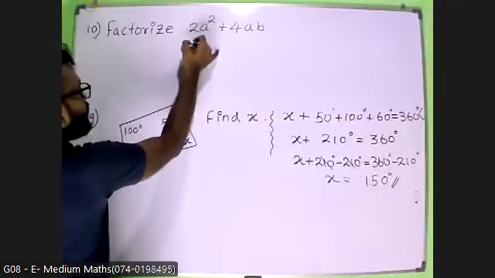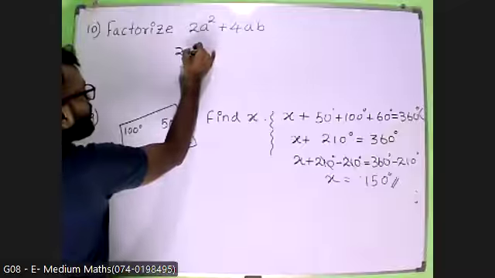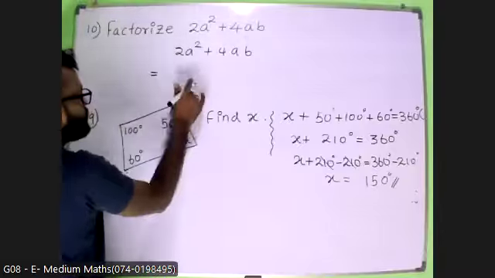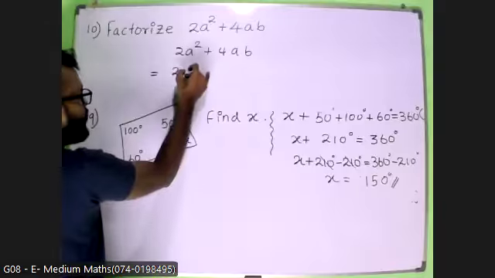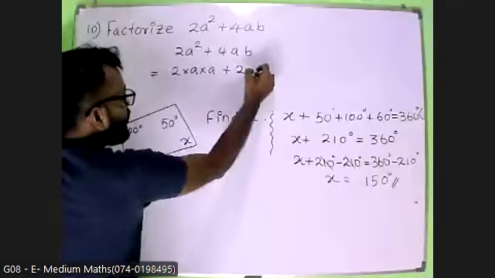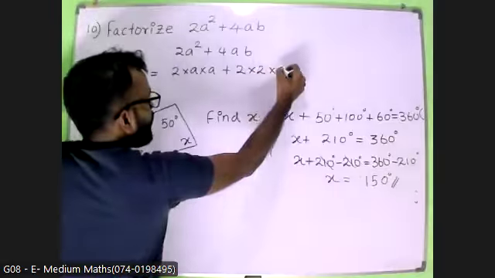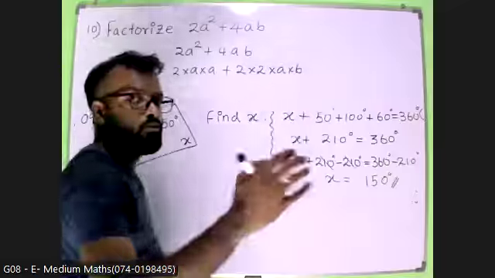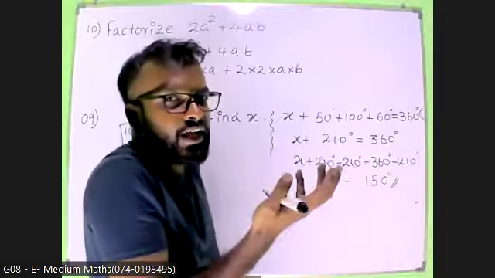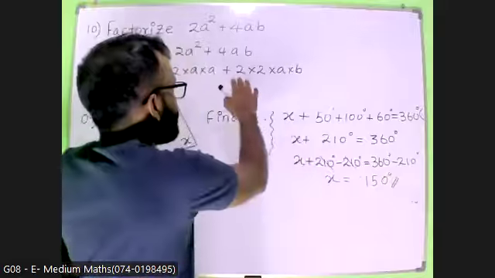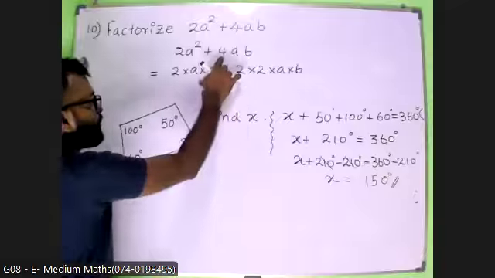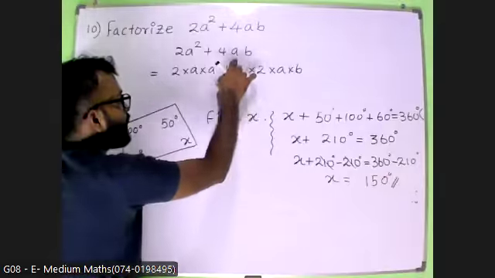So very basically, what you can do is I will rewrite this. Equal mark. I can write 2a squared as 2 times a times a, and 4ab can be written as 2 times 2 times a times b.